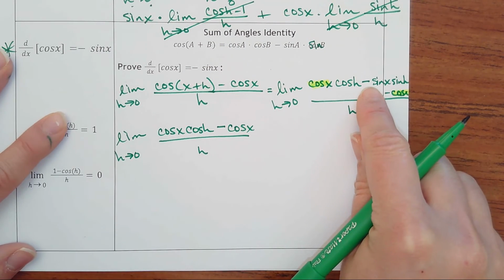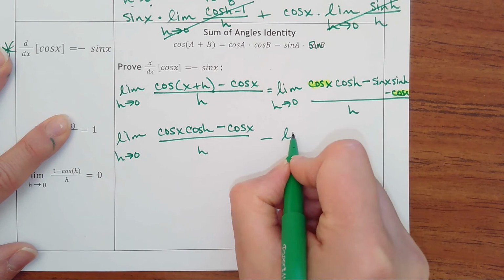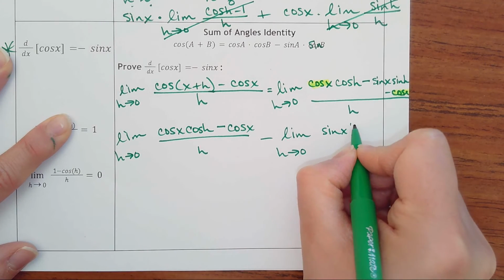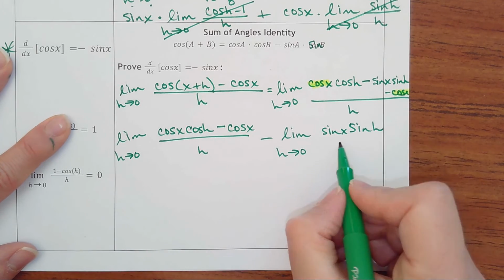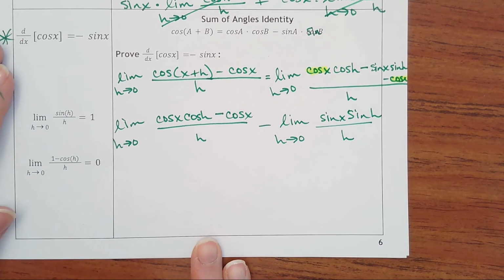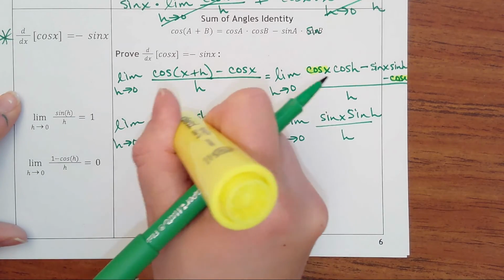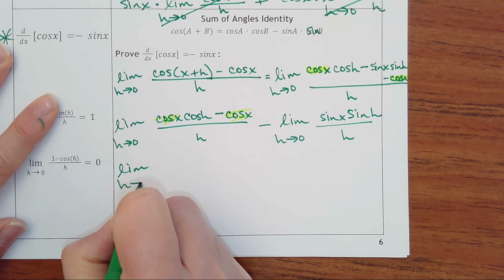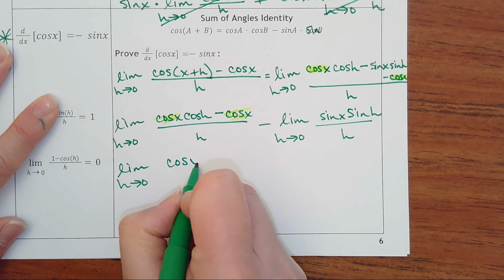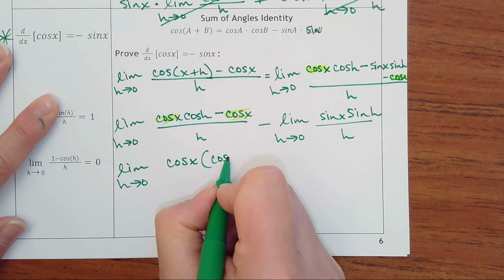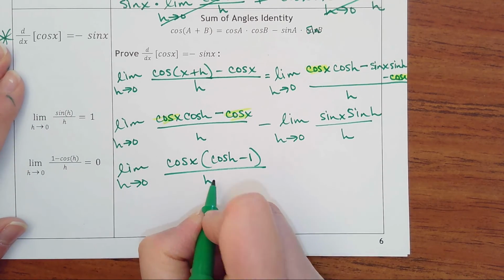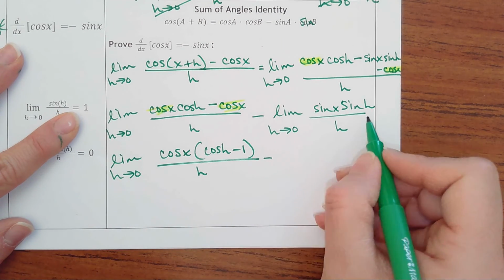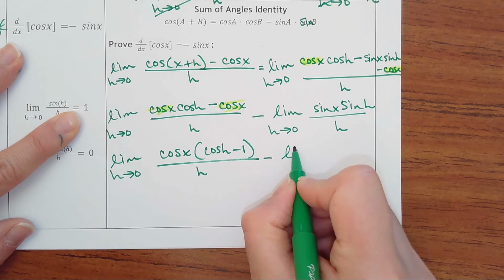And then I've got a minus in front of this term, so I'll put minus the limit as h goes to 0, sine of x, sine of h over h. Okay, I'm going to factor out cosine of x. So then I'll be left with cosine of h minus 1 over h minus, and then I'll keep this the same.